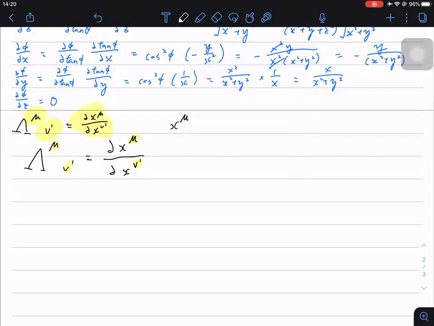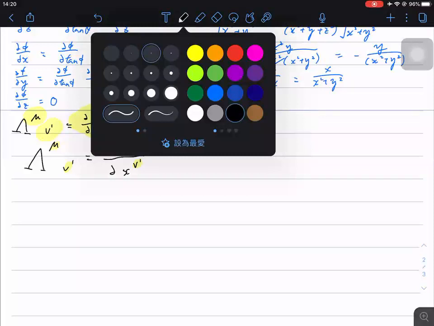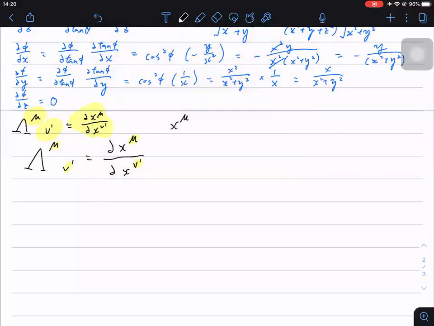For example, when we talk about partial derivative, usually in index notation, we write it like this, right? But if we explicitly write down the partial derivative form, it will become something like this. You can see that the mu here in the denominator is in the superscript, but when you convert into the partial derivative notation, it appears in the subscript.